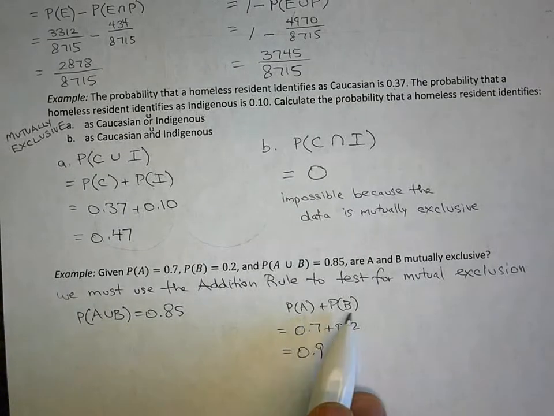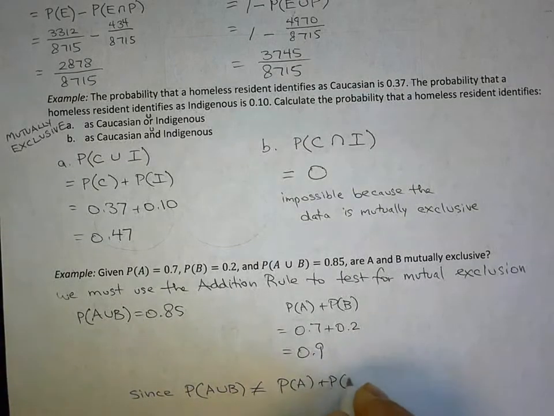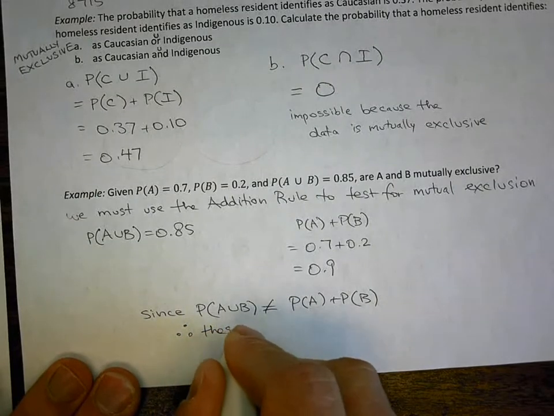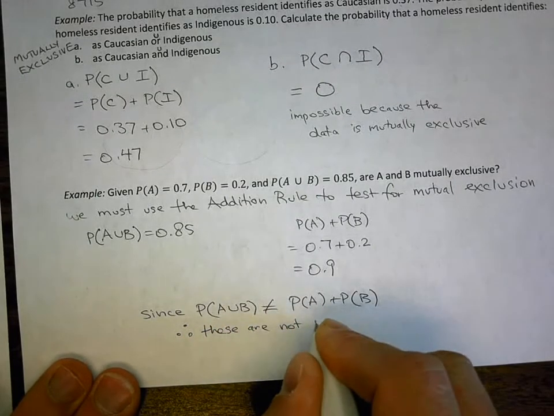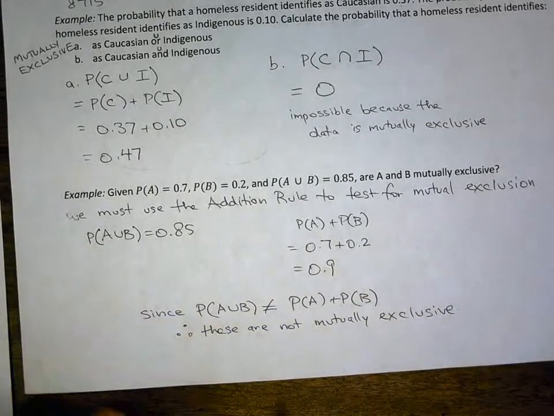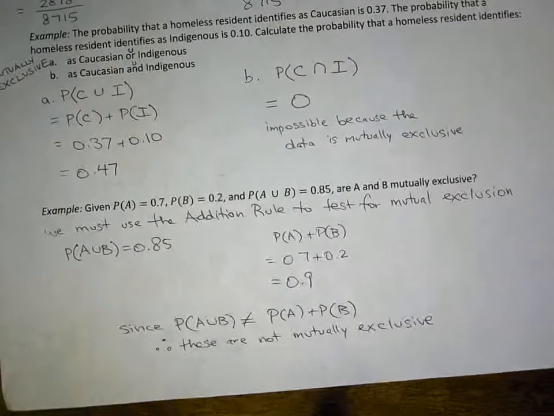The probability A plus B does not give me the union. So since the probability of A union B does not equal the probability of A plus the probability of B, then I know they are not mutually exclusive. Right? Because if they were mutually exclusive, then the probability of A union B would equal the probability of A plus the probability of B. Because it doesn't, then they're not mutually exclusive.